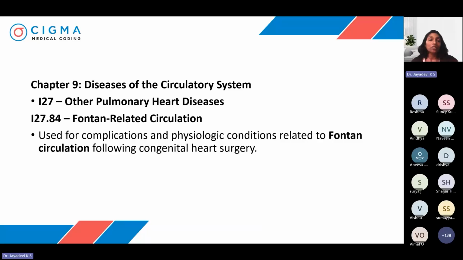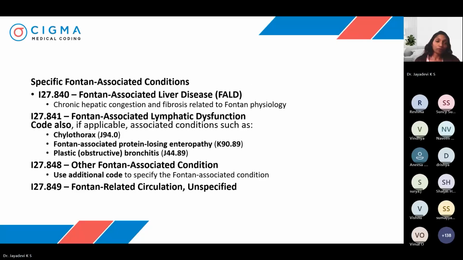When the baby is having congenital heart disease, the direct flow of blood from heart to the lung is established. Such circulation is called Fontan-related circulation. So if there are any complications or physiological conditions related to Fontan circulation, you can use this code I27.84.